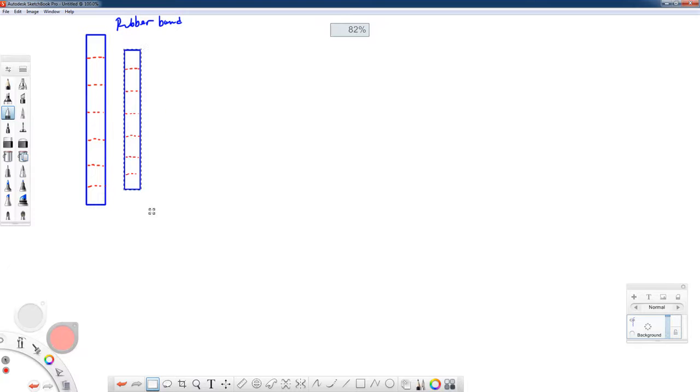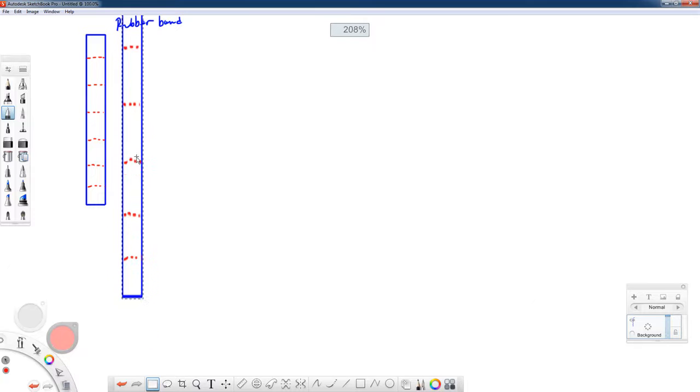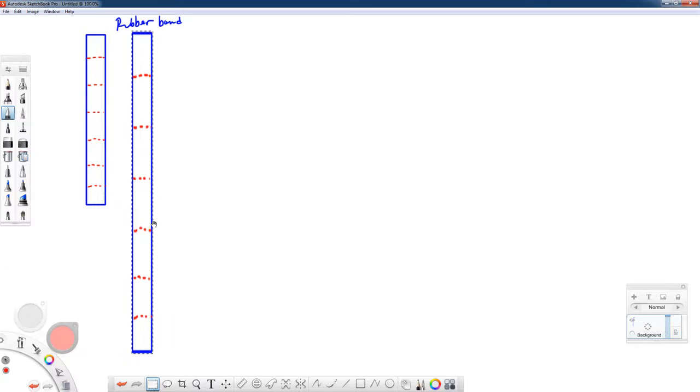Let's see if I can do this. It's going to stretch all sides. Let me see if I can stretch just one edge of this. And there's my stretched out rubber band.